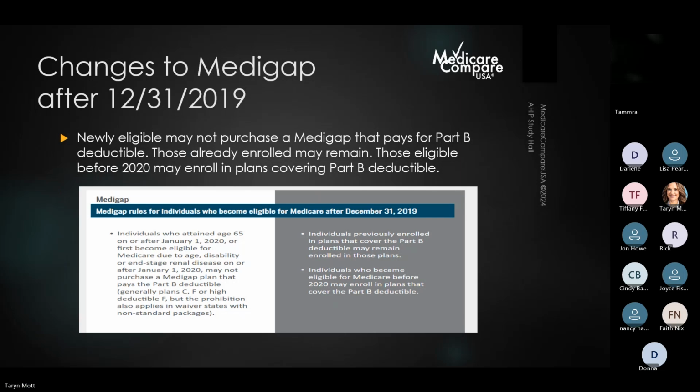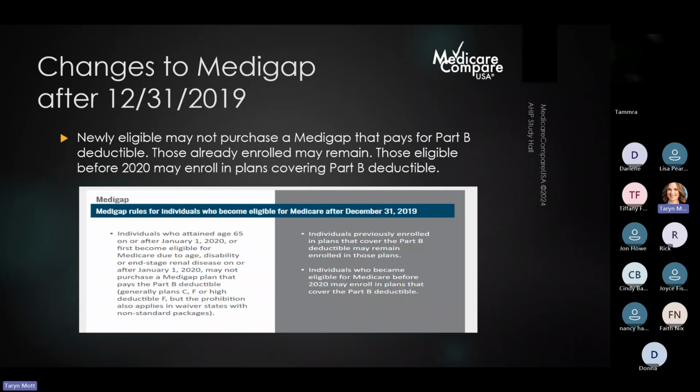So, to bring to our attention, because we all go throughout our day, but have you ever thought about the people who have Part A and B that are inquiring about Medigap that were eligible before 2020 and how that may affect them if it's 2024? Because they do have these opportunities because they were eligible before 2020.